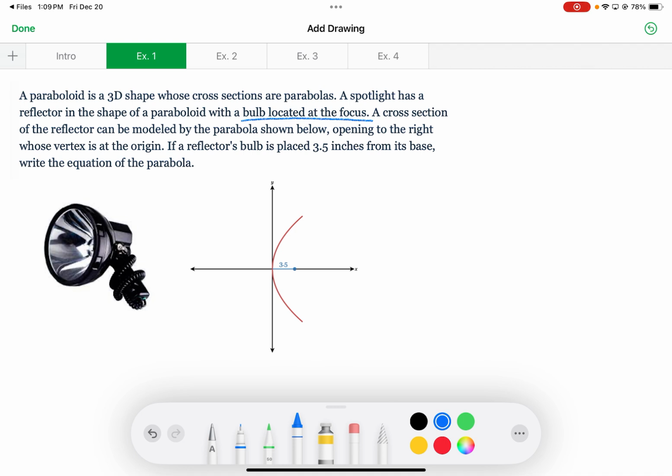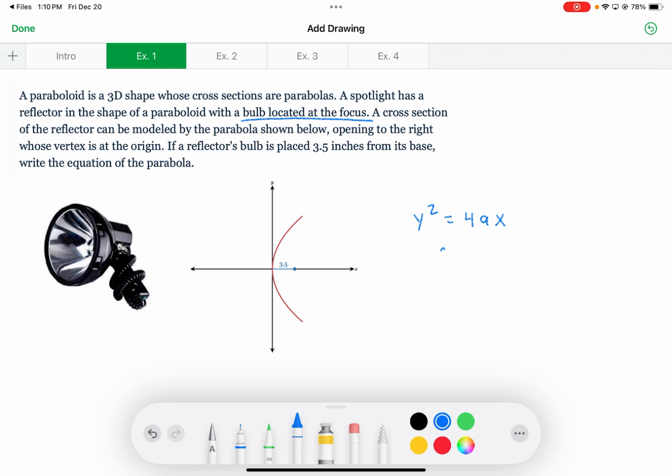The way they have it positioned, it's opening to the right. That would mean our model would have to be y squared equals 4ax, correct? A is supposed to represent the distance from the vertex of the parabola to the focus. Well, they said the bulb is located at the focus, and the bulb has been placed 3.5 inches from its base.